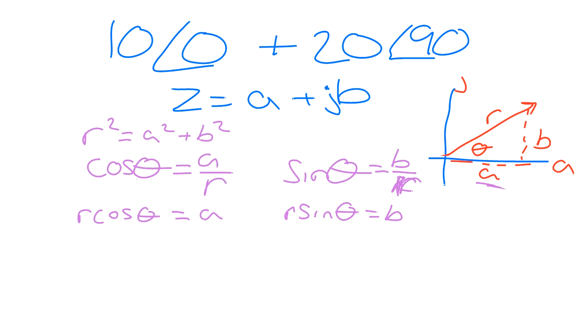So let's go ahead and go back and substitute into that original formula, z is equal to a plus jb. By doing that, we get z is equal to, and we just substitute our values for a and b here. We have r cosine theta plus, don't forget j, r sine theta.